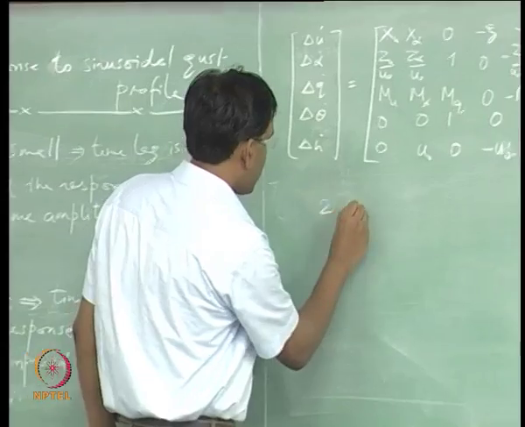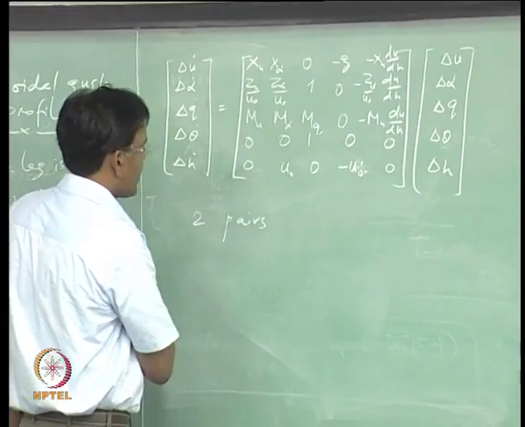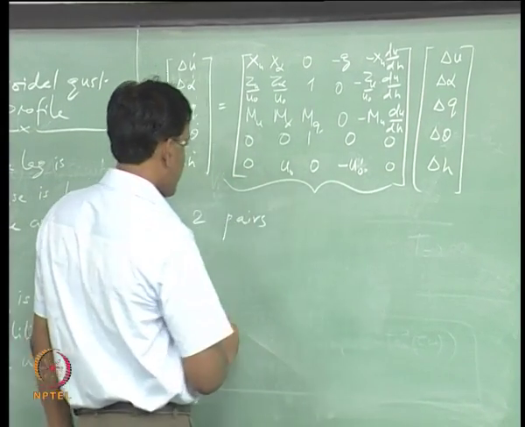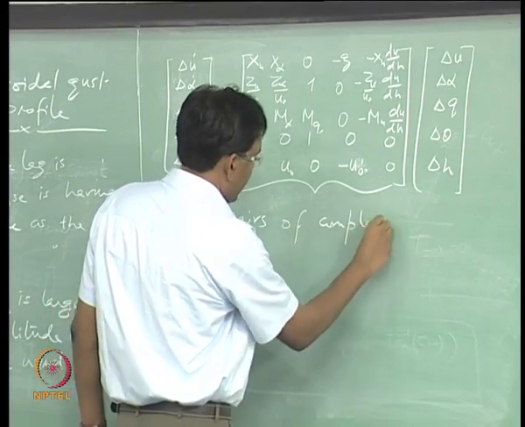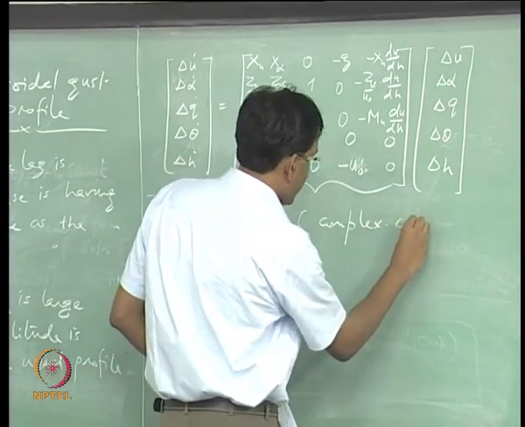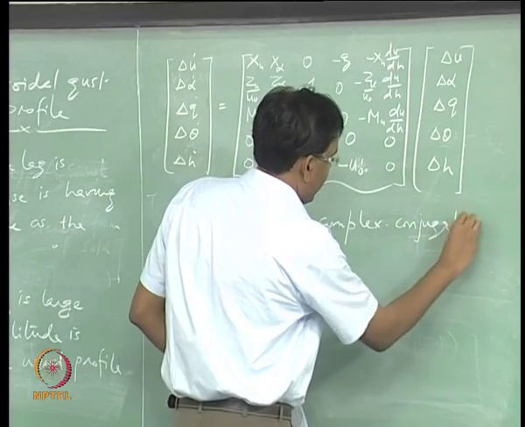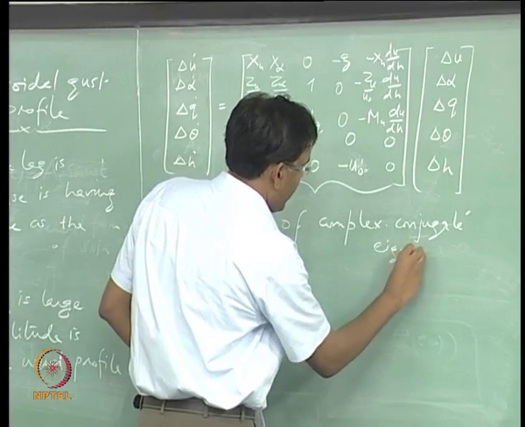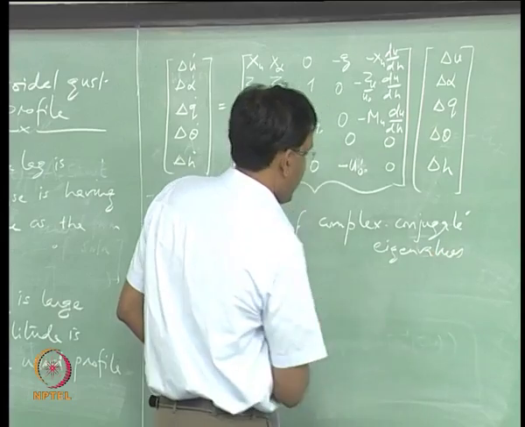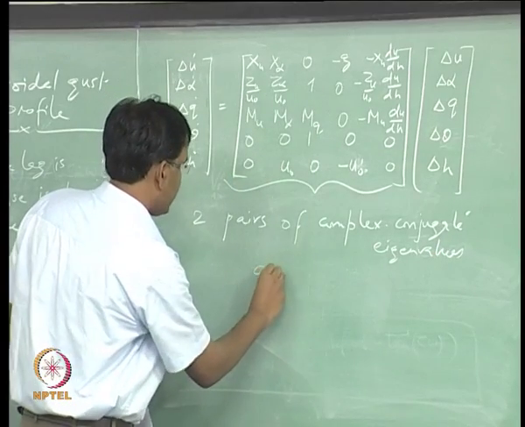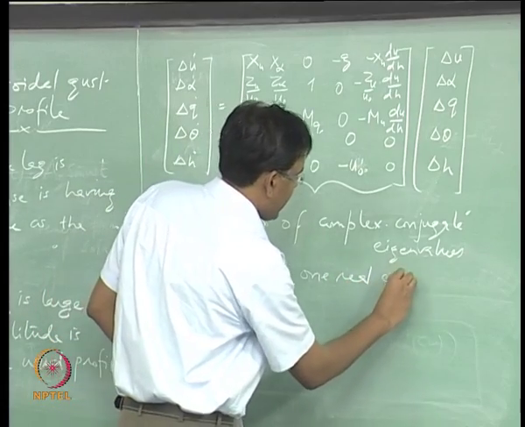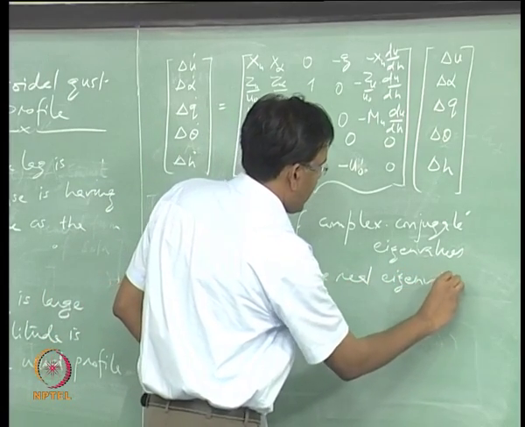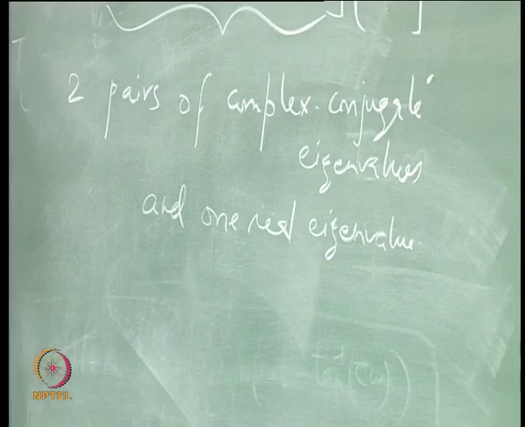So now eigenvalues of this matrix are two pairs of complex conjugate eigenvalues and one real, which means non-oscillatory.